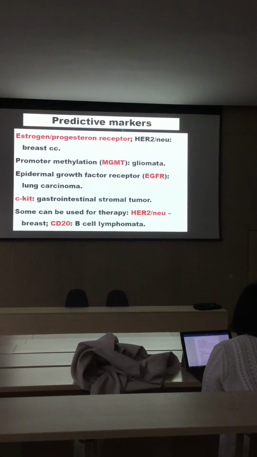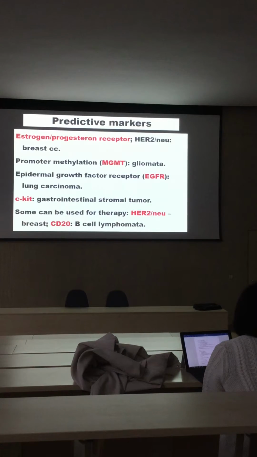Plus, some of these predictive markers can also be diagnostic markers or prognostic markers, like CD20, which is a B-cell marker. Just in parentheses, for a B-cell marker you will find in Robbins CD19, which we never use. We always use CD20.